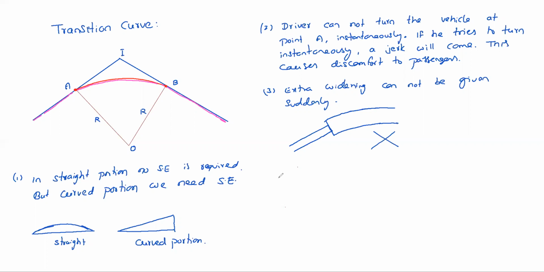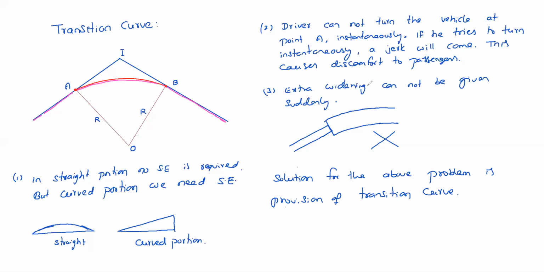The solution for the above problems is provision of a transition curve. By providing this transition curve, all these three problems can be addressed.